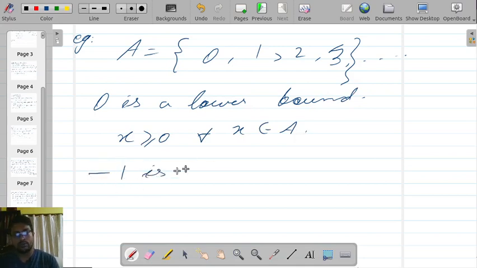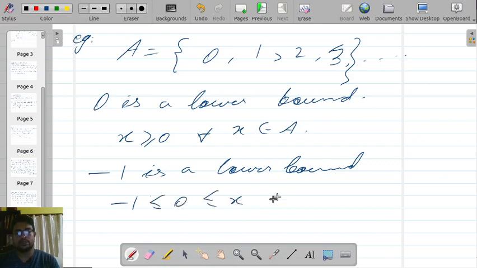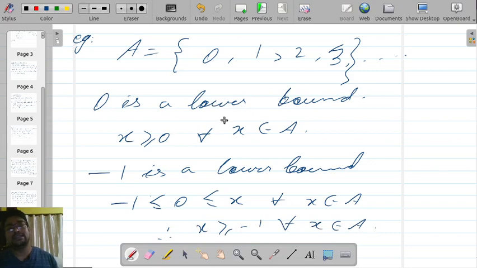Minus 1 is a lower bound. Why is minus 1 a lower bound? Because minus 1 is less than or equal to 0, and 0 is already less than or equal to x for all x inside A. So ultimately we can write x is greater than or equal to minus 1 for all x inside A. So minus 1 is also a lower bound of this set. In fact, any number less than 0 will be a lower bound of this set.